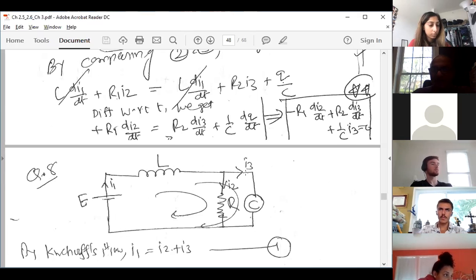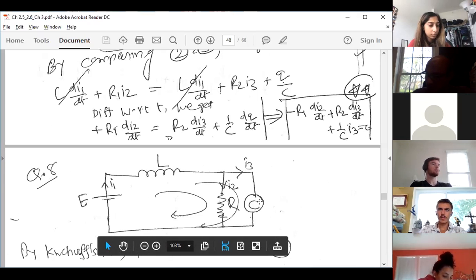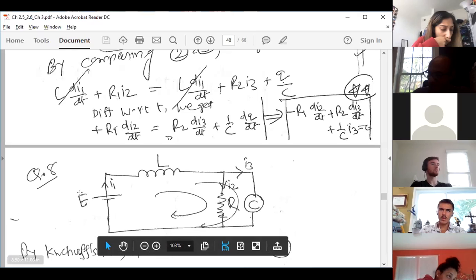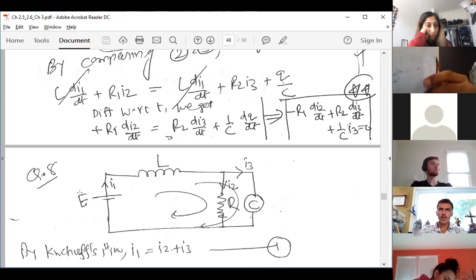Then it goes over here, passes through C, so I would say Q over C, where I equal to dq by dt. But it's not I, it is I3. So I would say I3 equal to dq by dt. And then after it goes to the battery, so that is equal to E(t). So this way I have 3 equations.